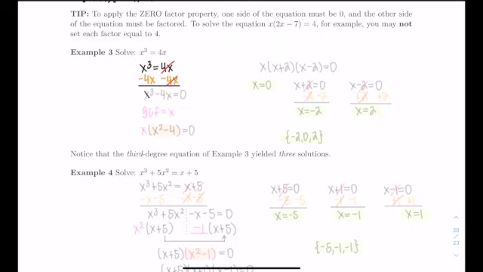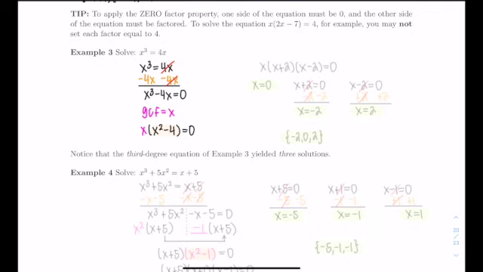So we get x cubed minus 4x equals 0. The first thing we always look for is a GCF, which this one does have. The GCF is just x. So when I pull out x, what I have left is x squared minus 4 equals 0.